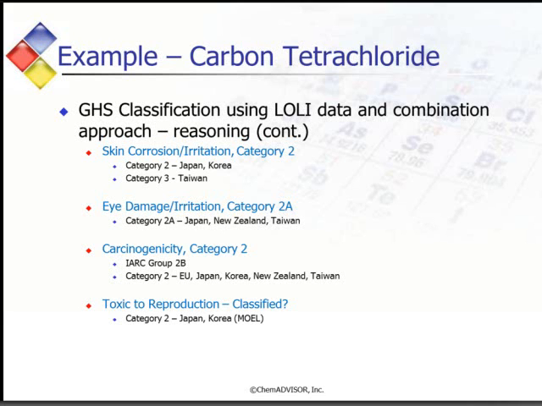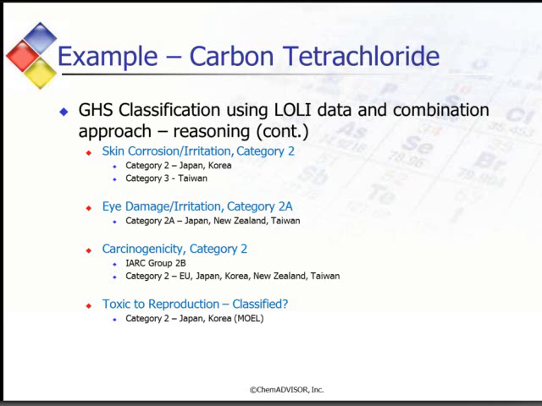And then the country-specific classification can help to raise a flag and help us to determine the final classification using our judgment and the knowledge that we have about our products. So we've arrived at skin corrosion irritation category 2, eye damage irritation 2A, carcinogenicity category 2. Toxic to reproduction, might be some judgment involved here.